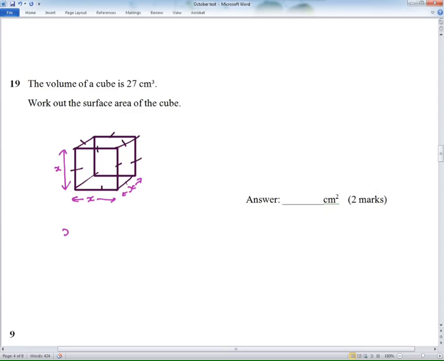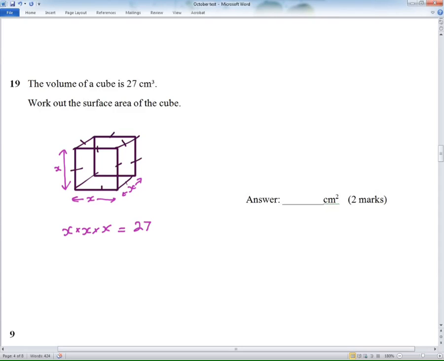The volume of a cuboid, therefore, is going to be x times x times x. And the answer to x times x times x in the question is 27. Also notice how writing x's with the curly lines makes it easy to differentiate between the times sign and the x sign.